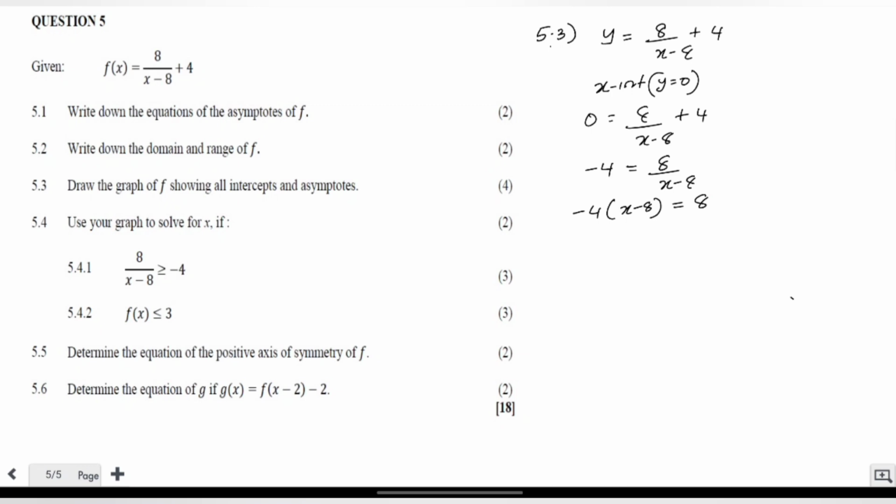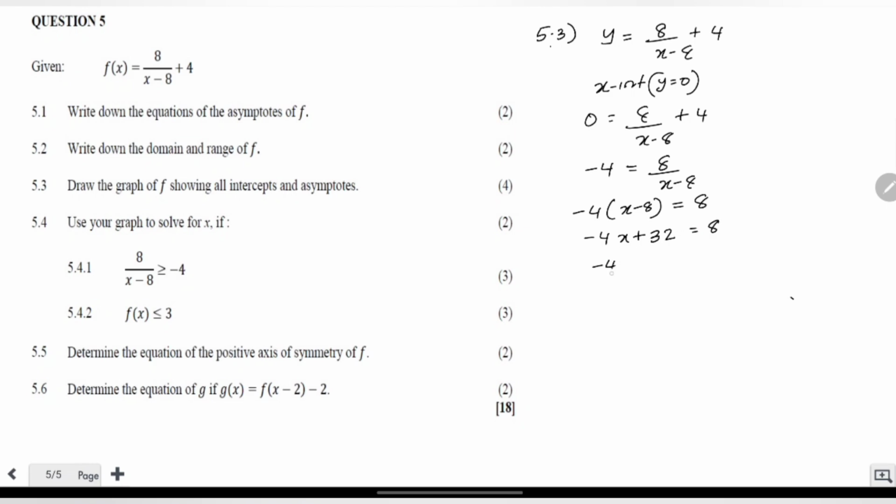Is it clear? Okay. Now we can find the value of x. Open the bracket or send the minus 4 over and divide both sides by minus 4, it is up to you. So let me open the bracket. That is minus 4x plus minus 4 times 8 is plus 32 is equal to 8.